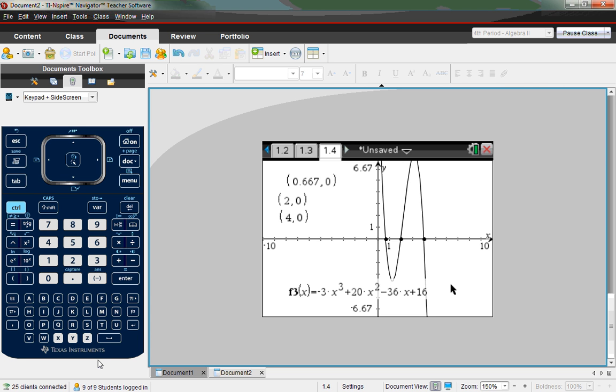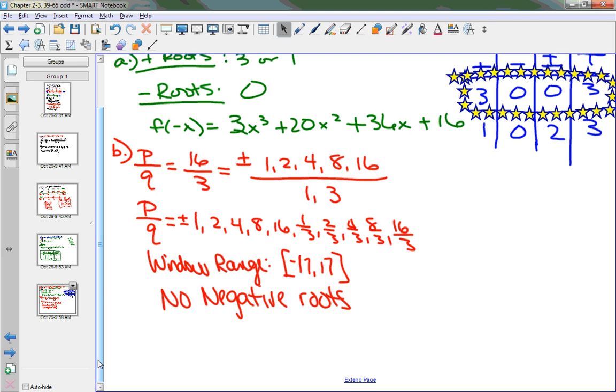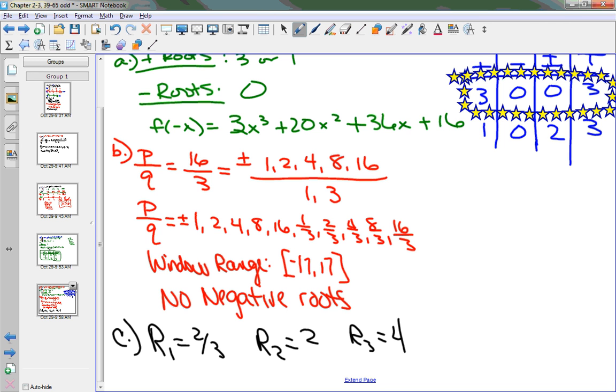So what you're telling me is my 3 zeros that I have located, according to letter C, what they're asking for, is my root 1 is going to be 2/3. Root 2 is going to be 2, and then root 3 is going to be 4. They're asking you, off of your graphing calculator, to find the roots that you see there. And are those roots in your list? Yes, they are. So letter D says determine all the real zeros of f.